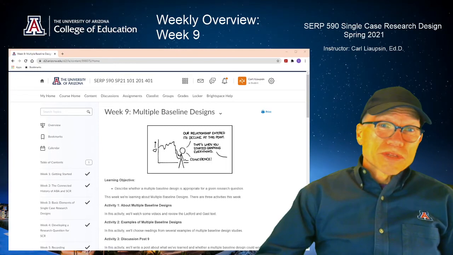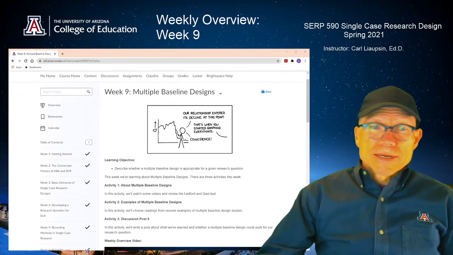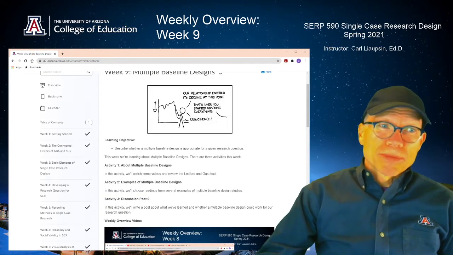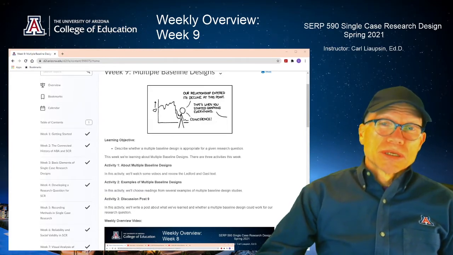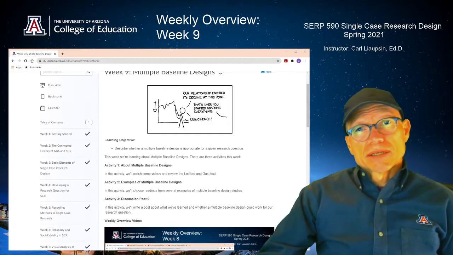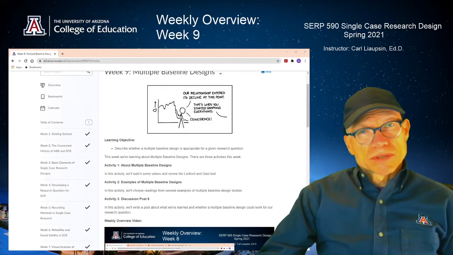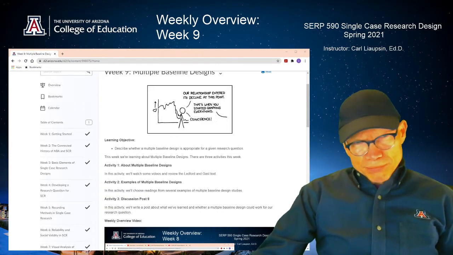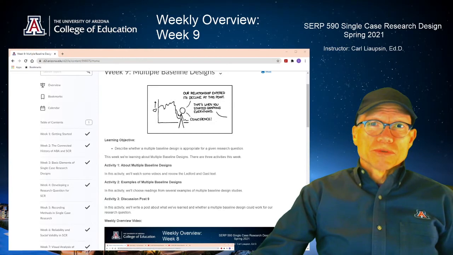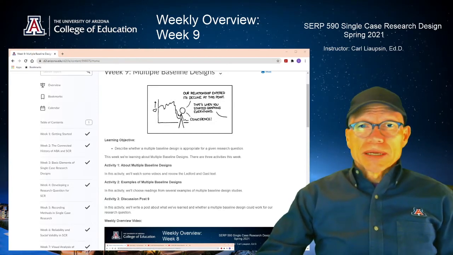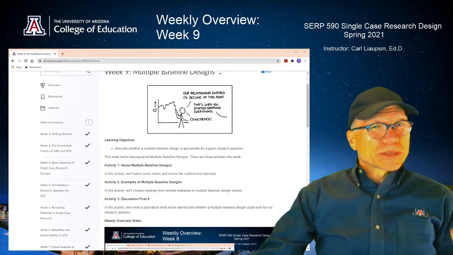And again, this week, the first thing we'll take a look at is learning about multiple baseline designs. So we'll do some reading of the text, and I'll ask you to watch some videos to give you some brief introductions. So just like last week, it may even be more useful for you to watch the videos first, get the brief introduction out of the way, and then you go in and read the book, and you'll get the real fine points.